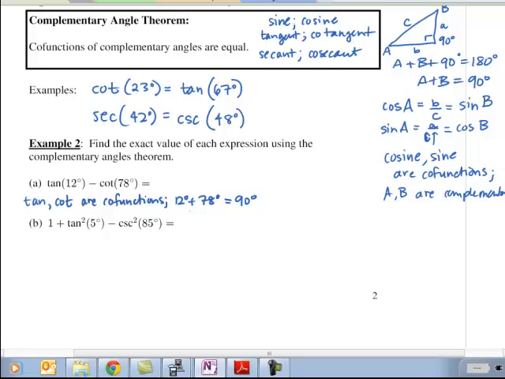So tangent of 12 is the same as cotangent of 78. So we could say this is the same as tangent of 12 minus tangent of 12. We could replace cotangent of 78 with tangent of 12, and so we just get 0. Those are the same thing, right?